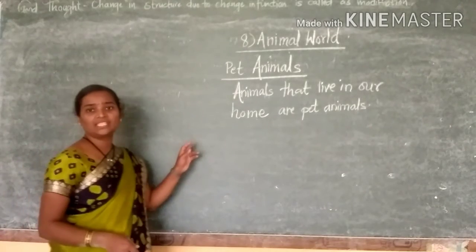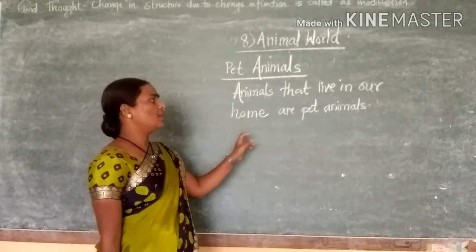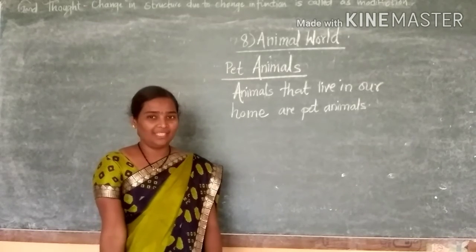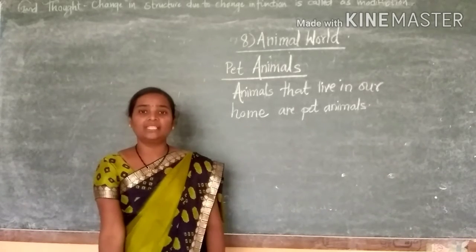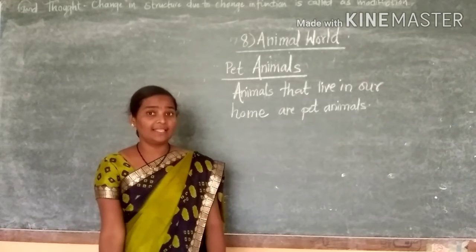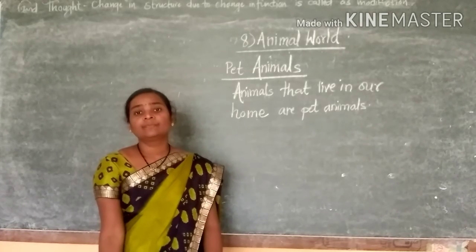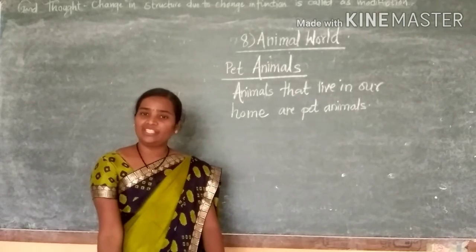Here we have to see the pet animals now. Animals that live in our home are the pet animals. Students, we keep those animals because we love them. That's why they are with us. For example, a dog, a cat, then we can keep rabbits and fishes.